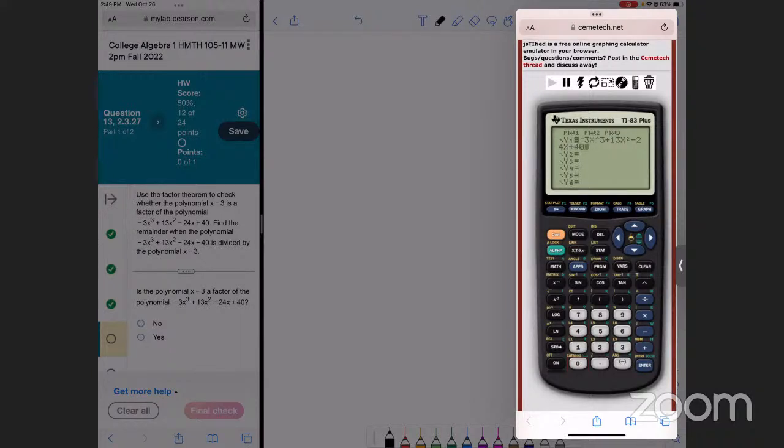So that's our function. So then we want to divide that by x minus 3, so that means that when we do synthetic division with 3, the remainder should be 0. So in other words, if we just evaluate this function when x is 3, we get 0. We did not get 0. So is x minus 3 a factor? We're going to say no.